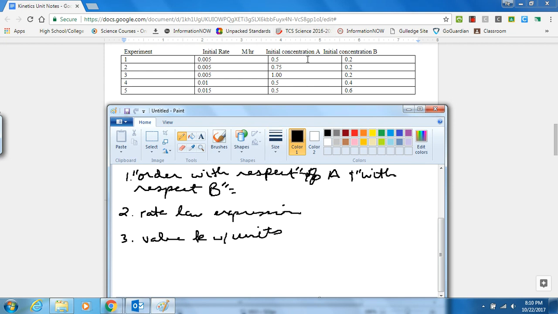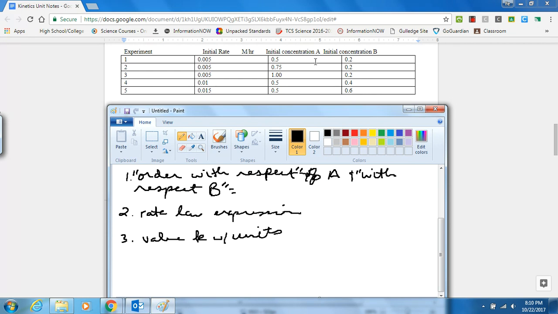All right. If I want to know my order of A, I have to figure out 2 experiments in which A changes concentration, but B stays the same. So let me repeat that, very important.